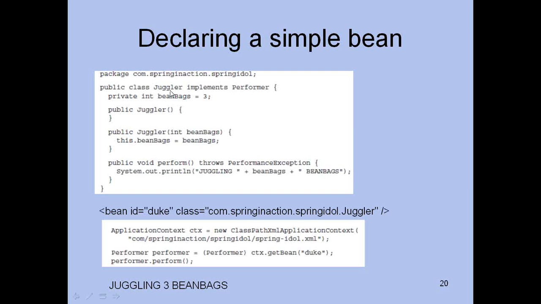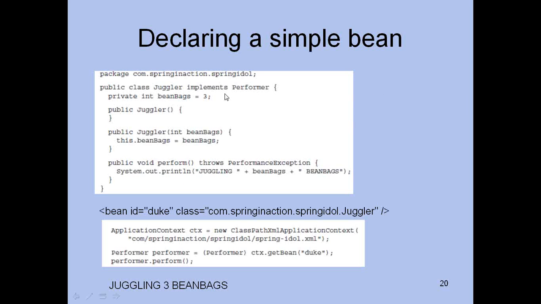So here the Juggler class implements the Performer interface and it implements the perform method. It just simply prints how many beanbags the juggler is juggling. By default we have given a value 3, but our aim is to inject this value from the configuration file.